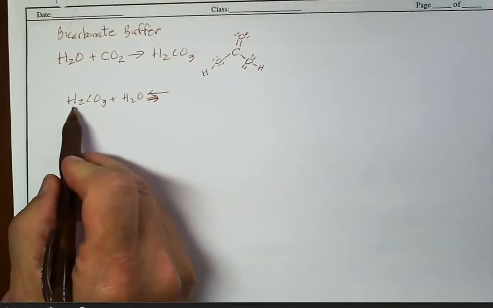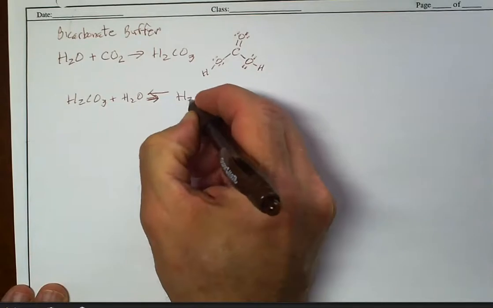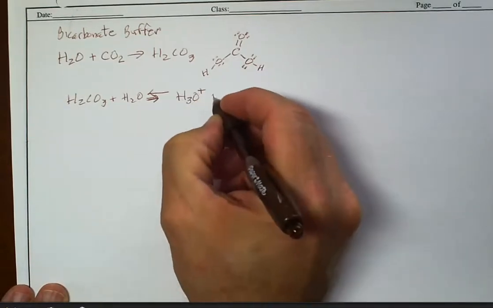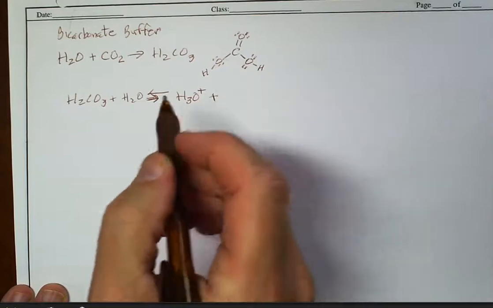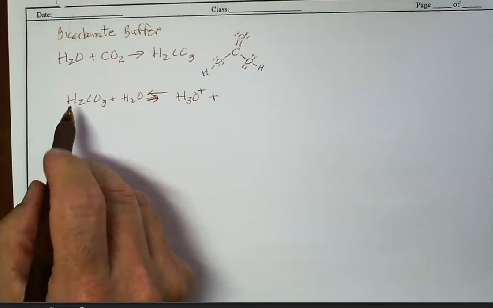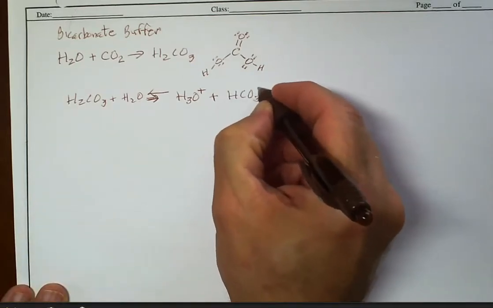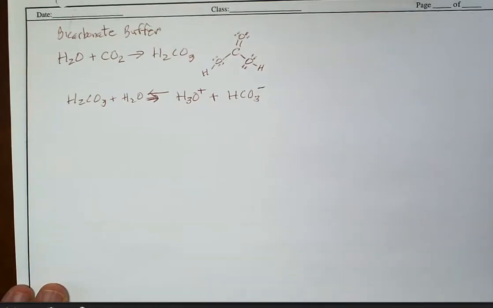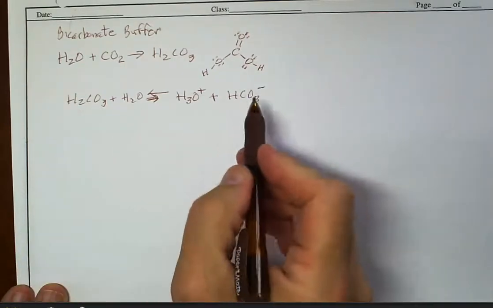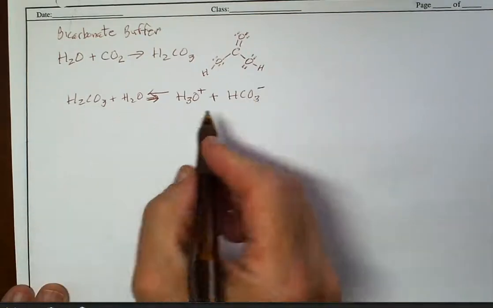So we're going to take one of these 2 hydrogens over here and move it over onto the water with a positive charge so that we get hydronium. And what does that leave as our conjugate base? When I pull one positive hydrogen out of this, that leaves a hydrogen and it leaves a negative charge on all that's left. So here's our conjugate acid. Here's our conjugate base. This is carbonic acid.